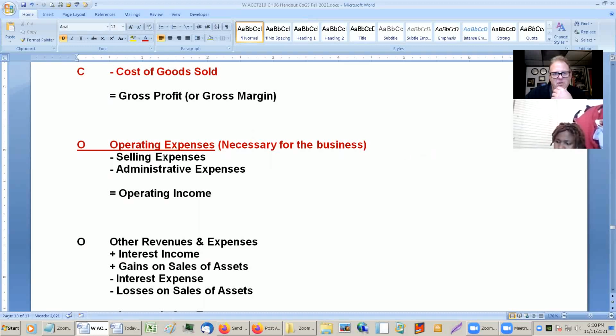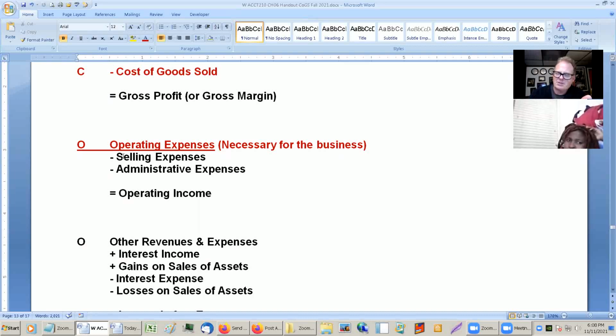And they usually come in two different flavors. They can come in more than that, but selling and administrative are the two usual general categories that we have for it. There could be hundreds of expenses in each of those, but we generally lump them into selling expenses and administrative expenses. And again, these are things that are necessary for the business.